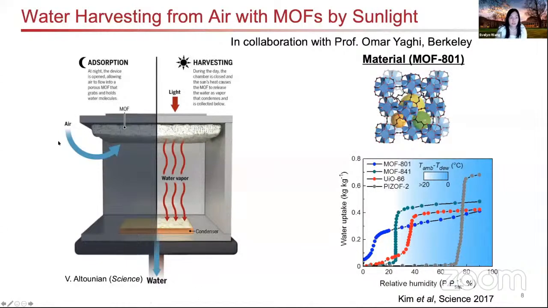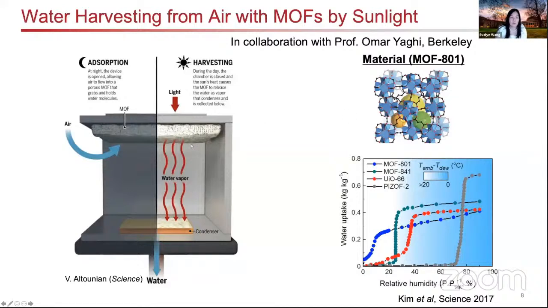The system is shown on your left, and the idea here is we take advantage of a novel material set known as metal organic frameworks. In this case, here's a schematic of the structure. It's a porous material, in fact, a three-dimensional framework that can absorb water molecules into its surface topography.